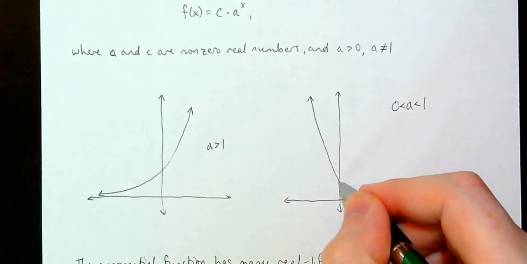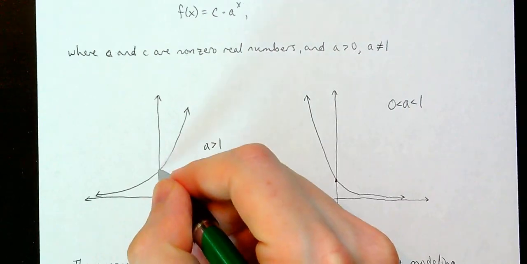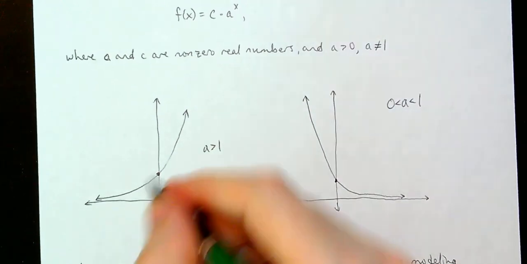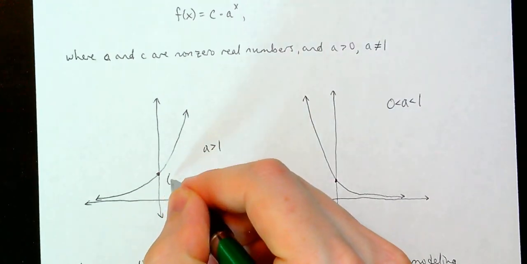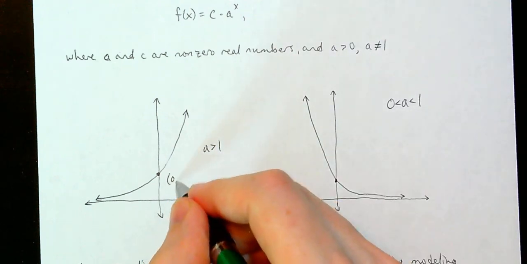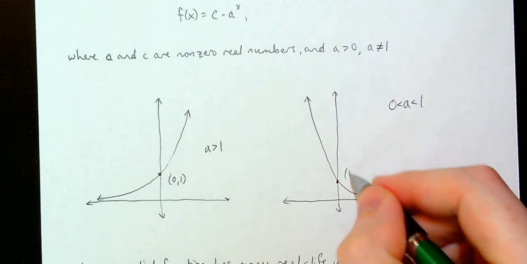Now, I will say that no matter what your base is, every exponential function has the same point in common. They all have the point (0, 1) lying on their graph.